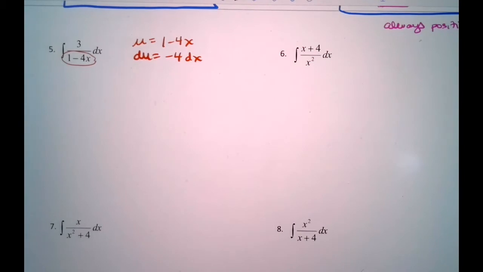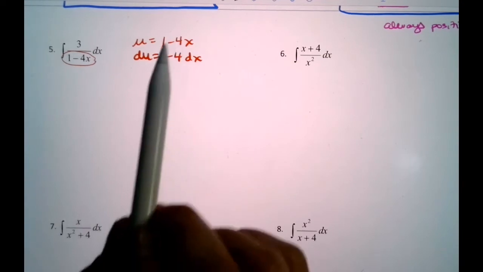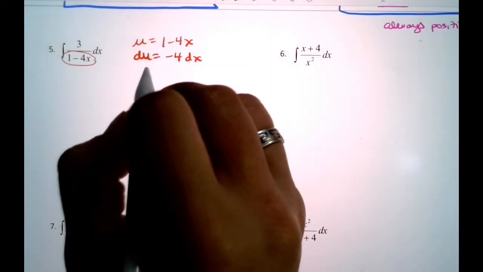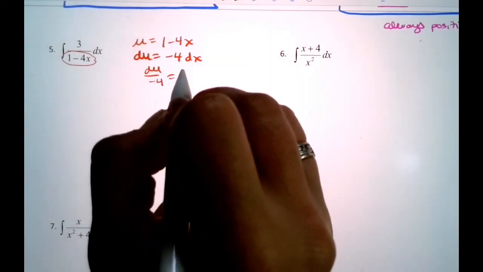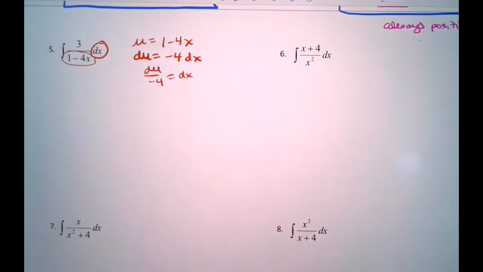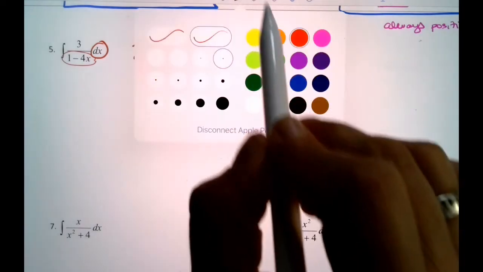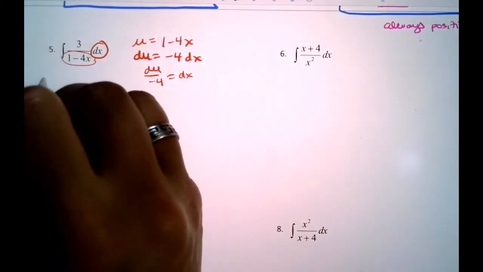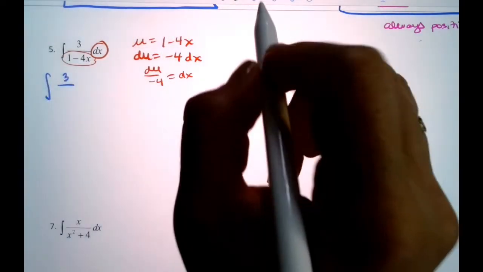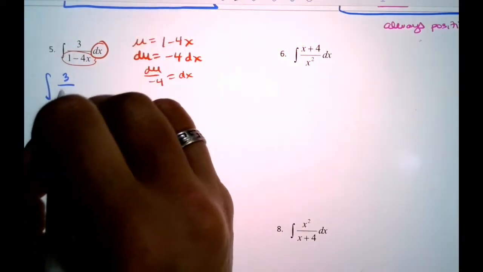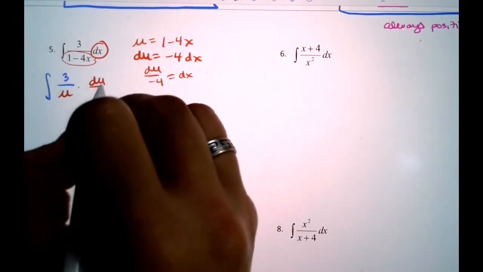So once I set the u, I always do the follow through, and then I just algebraically solve for dx, because I'm going to have to get rid of that guy too. I'm doing both things. I'm replacing 1 minus 4x with u. I'm also replacing the dx. And I would say this worked.